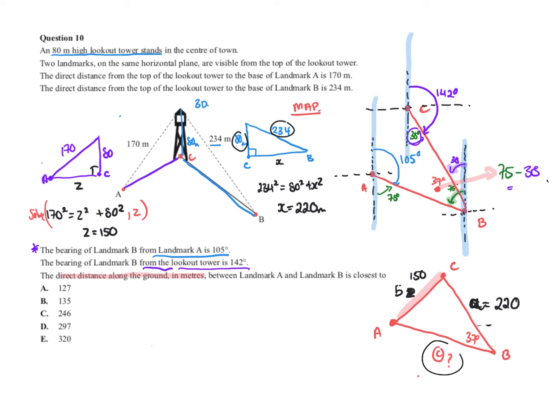Now, because eventually I want to be able to find side C, I'm thinking I'm going to have to first find this angle in here, angle C. So what I'm going to do is use the sine rule. So I'm going to say, oh, well, I can't actually because I don't have side C. So I'm going to have to get another angle and I'm going to have to use what I've got.